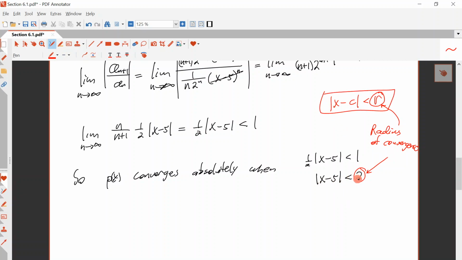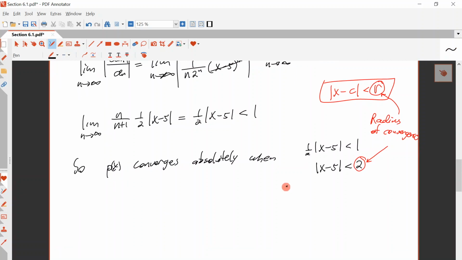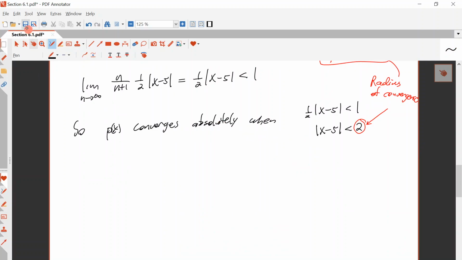So here I have x minus the center less than 2, so the radius of convergence is 2. All right, so that builds the basis for the interval. So far we've got absolute value x minus 5 less than 2.